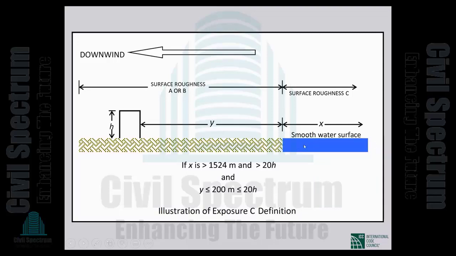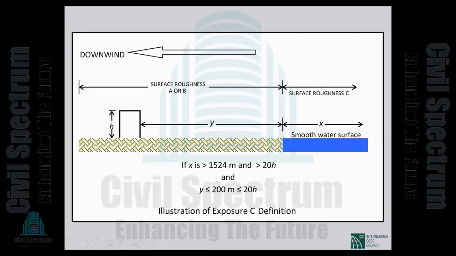This is smooth water surface, that surface roughness C. Inland, it is surface roughness A or B. This is our building, and this height is Y. X has to be more than 1524 meters and more than 20 times the building height for this to be surface roughness C.